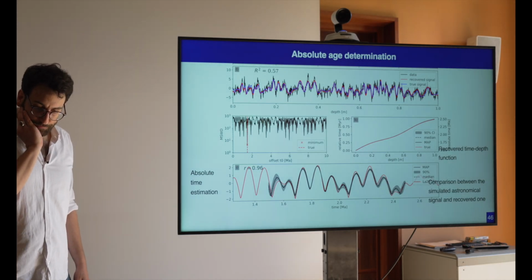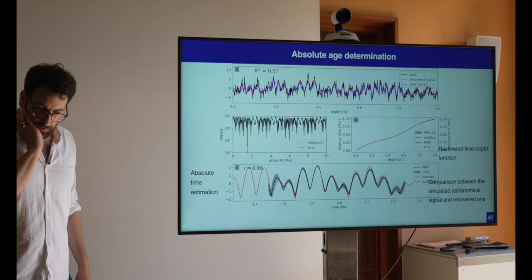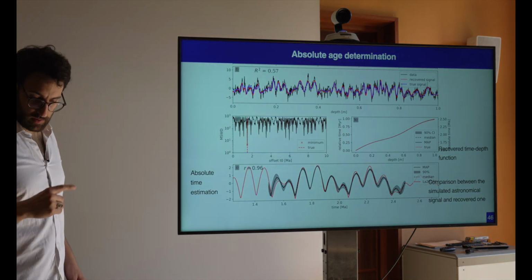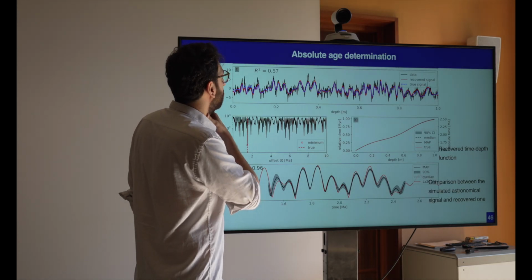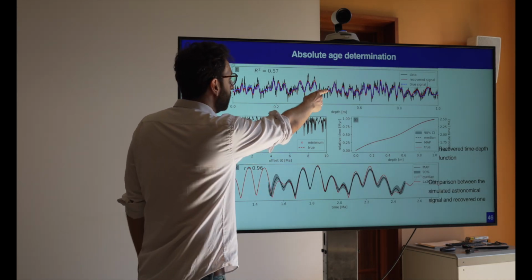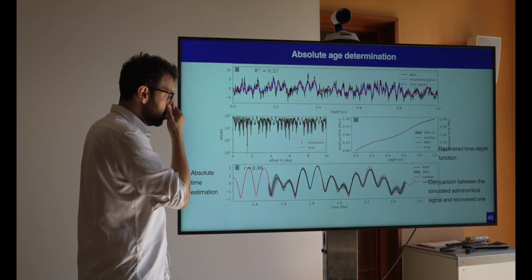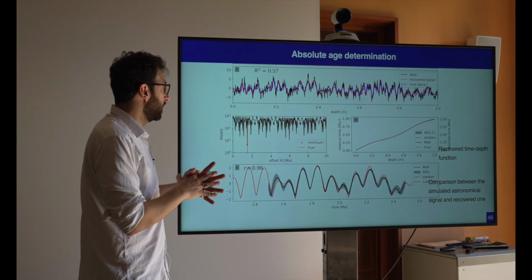Finally, you can use your recovered signal to do some absolute age time estimation.